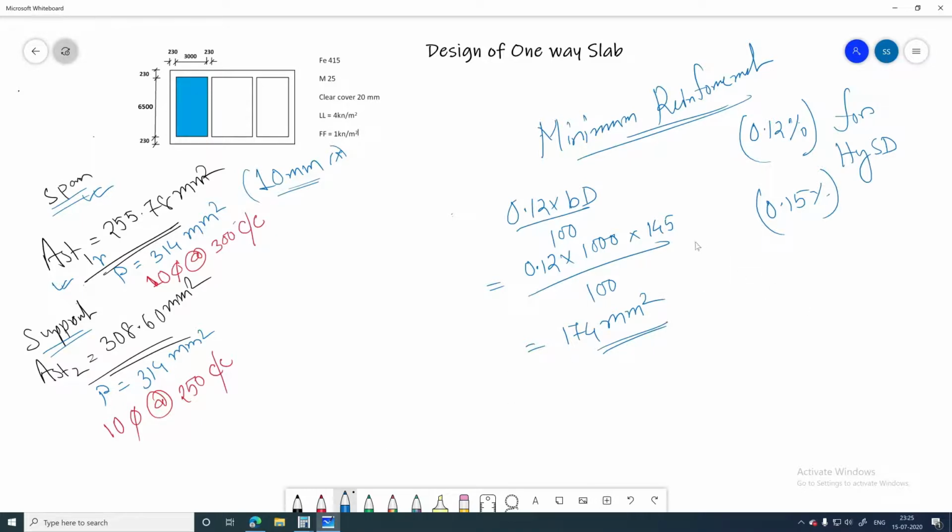Now when I am talking about the spacing, I have told that in the case of main reinforcement it is 3D or 300, the minimum of these.